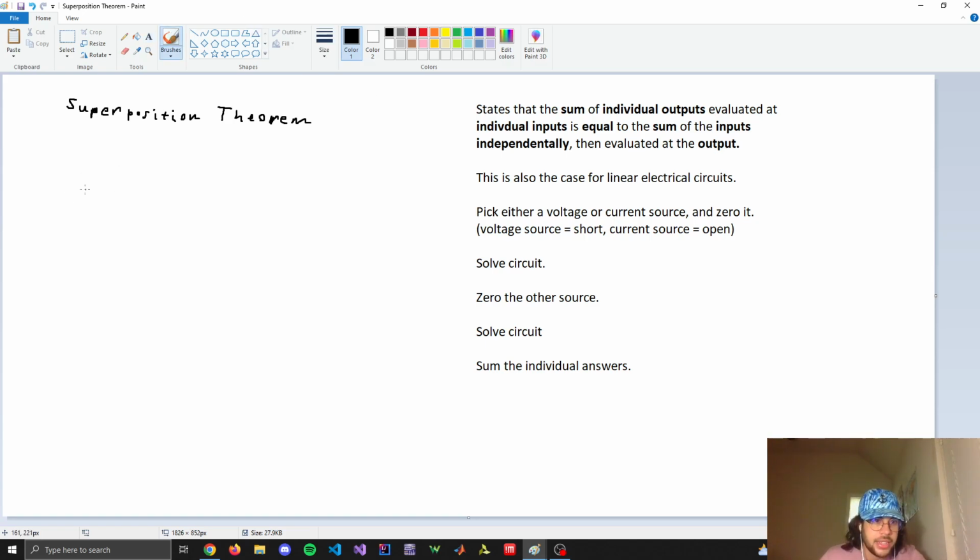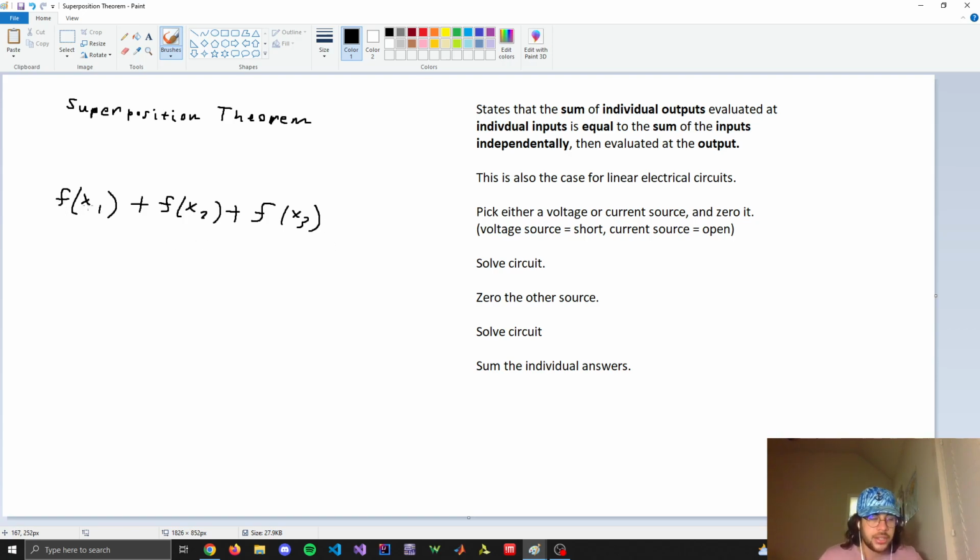What I mean by that is, in a system, you could have f of an input x1, f of another input x2, and f of x3. So x1, x2, and x3 are inputs, and then they're all evaluated at your function f, which is your output.